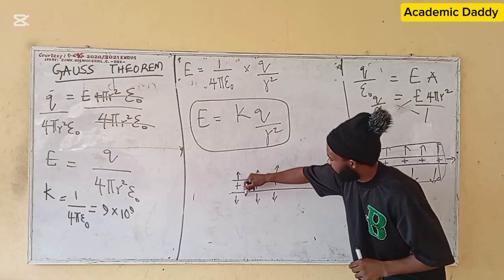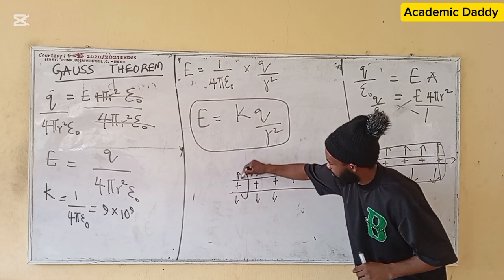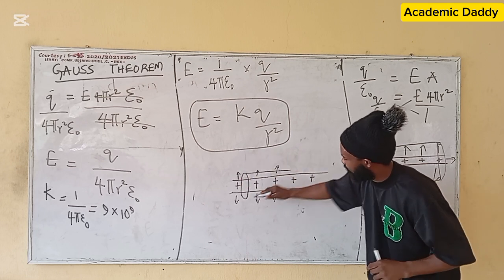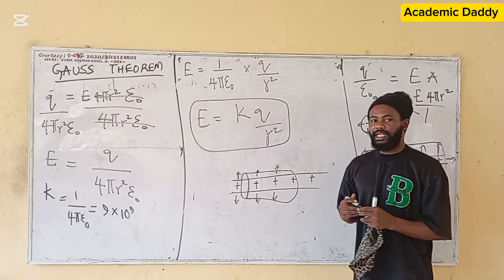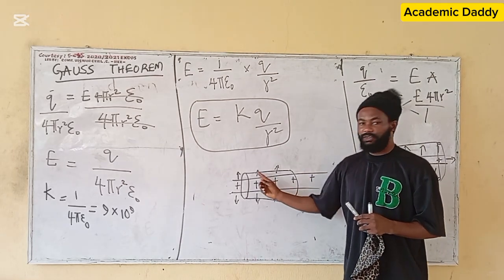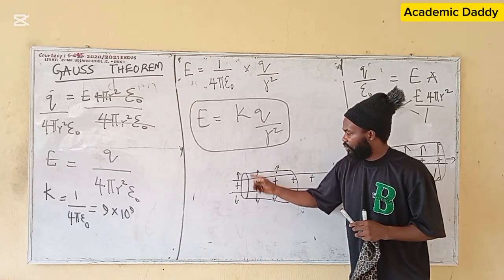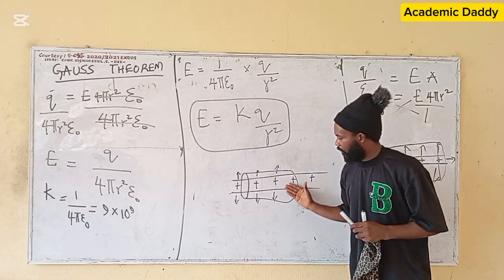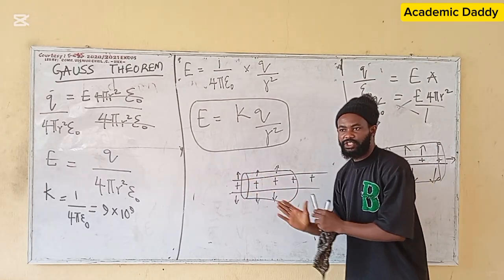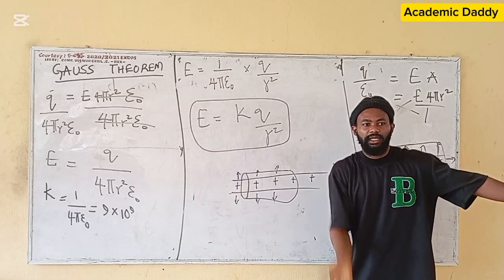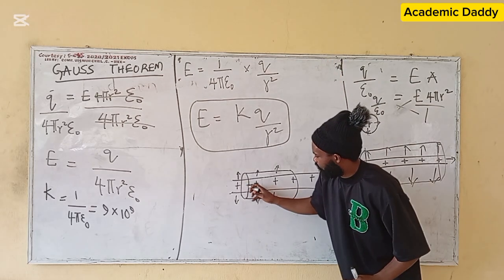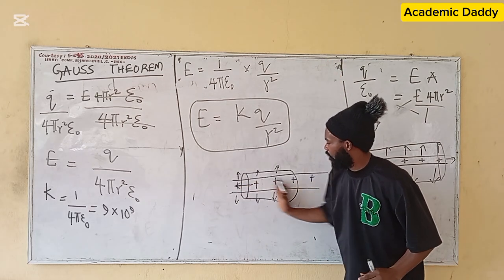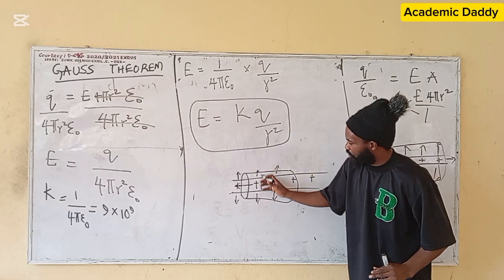So if I know this, and I get this shape, let's say this is the cylinder now, all the things that concern this electric field will simply be flowing outward. The charges will be exerted this way and this way. Are you seeing it? This one is going outwards this way, and the other going this way.